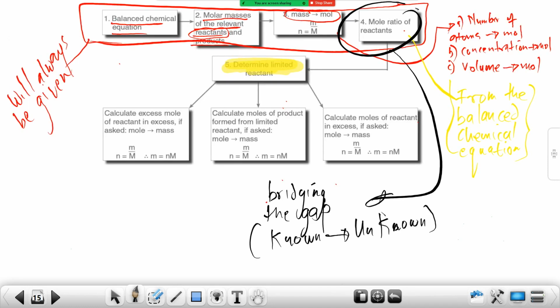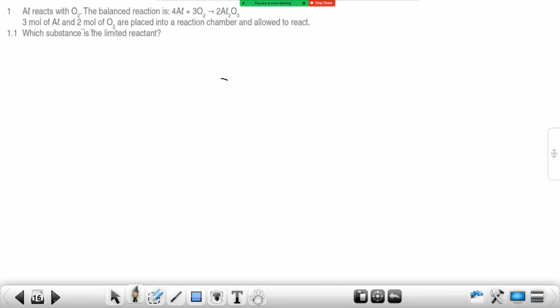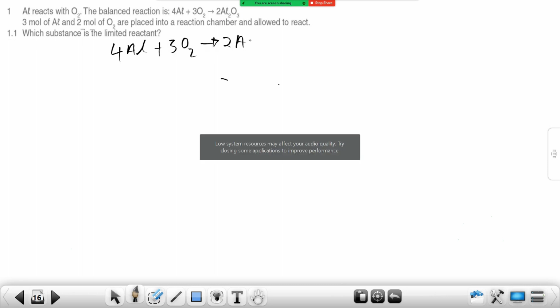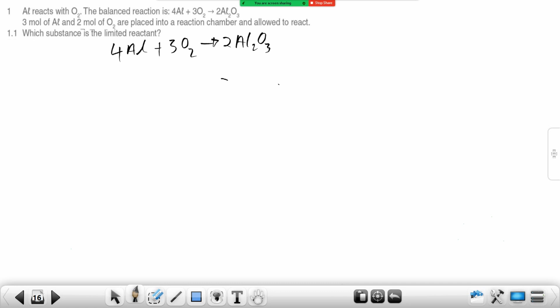So step 1, balanced chemical equation, which is 4 aluminium plus 3 oxygen gives us 2 aluminium oxide, 2Al2O3. Is it balanced? Yes. So step 1, check.